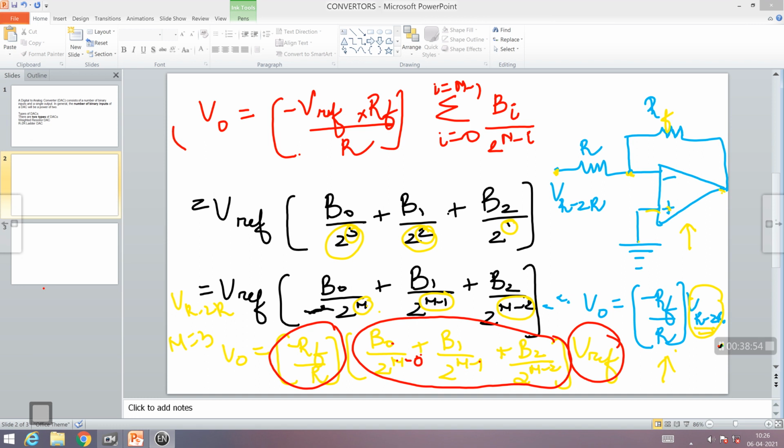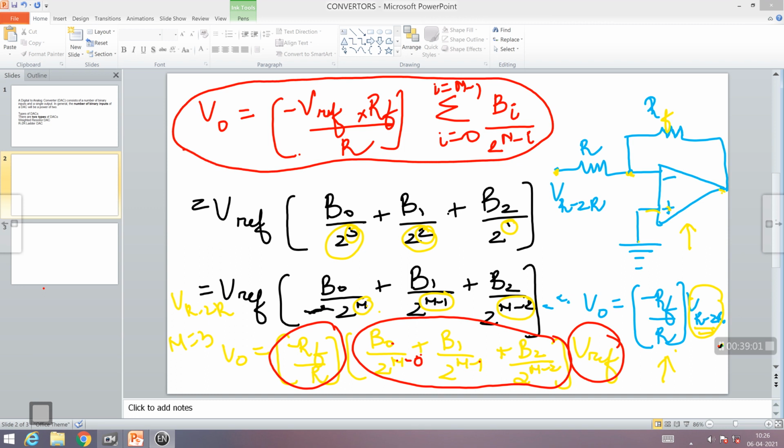So this is your final formula. This is the voltage you get at the output of your op-amp, and you give the ladder network we have already discussed to this point, and the op-amp just amplifies the output of that ladder network. So this becomes your R to R network, or your R to R converter.